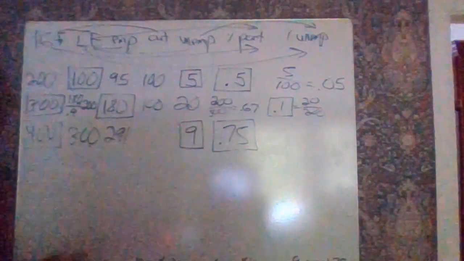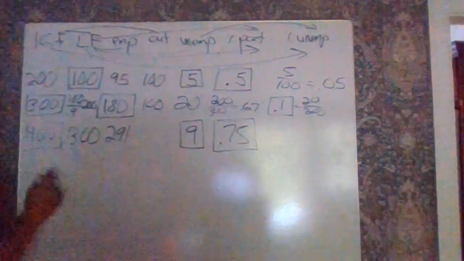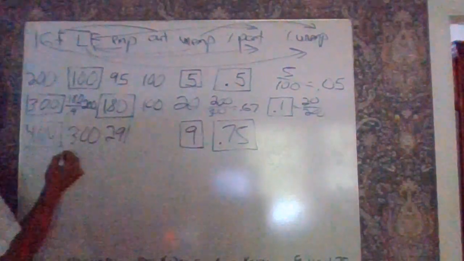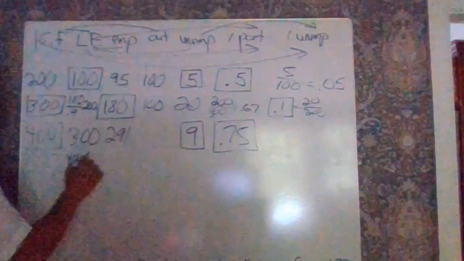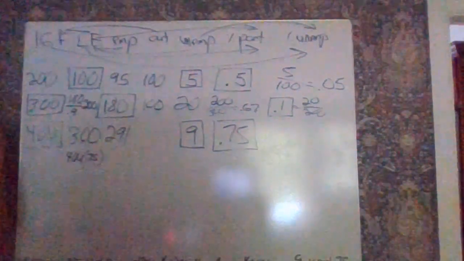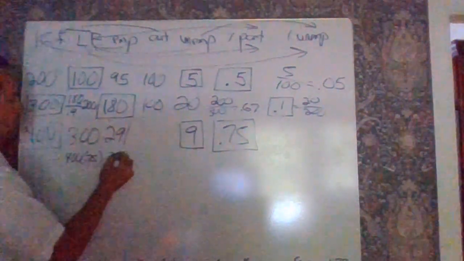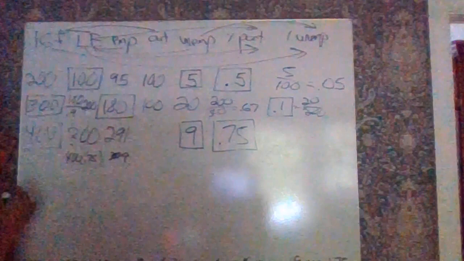So, with this being the last example with all this room, I could show you where these numbers come from. 300,000 is going to be 400,000 times 0.75. 291 is going to be 300 minus 9. I hope that's clear.